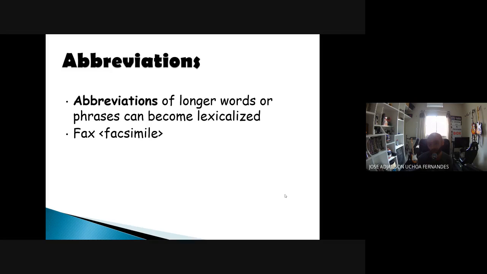We do not use these anymore. Or email for electronic mail. In Portuguese, we do that a lot: Zap for WhatsApp. Can you think of other abbreviations?